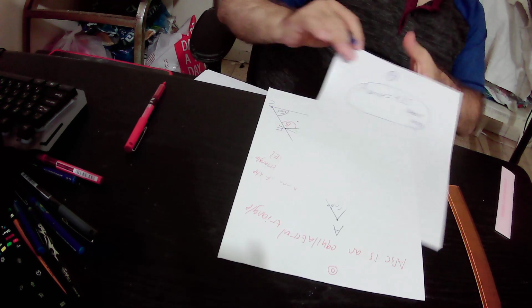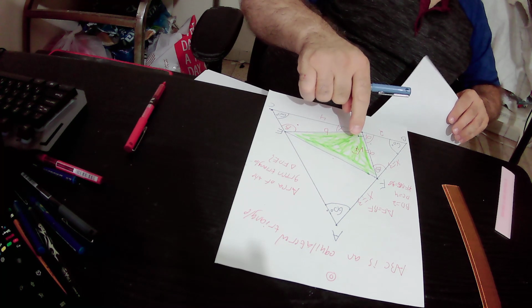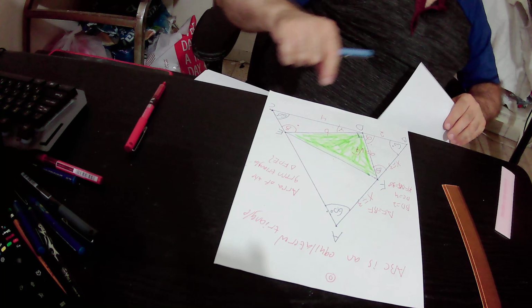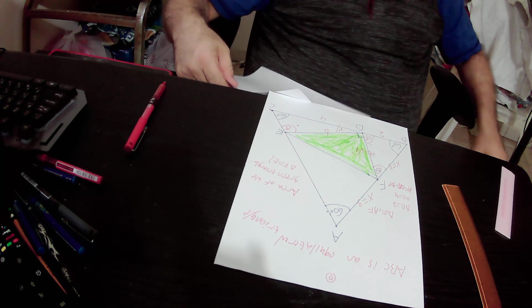Again, the area of this green triangle FDE equals 4.85 square units. Okay, so now I will summarize the lecture.